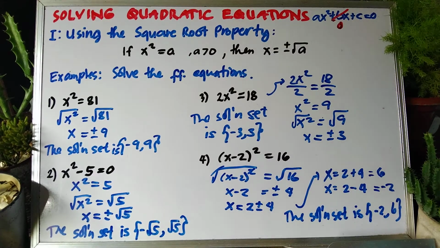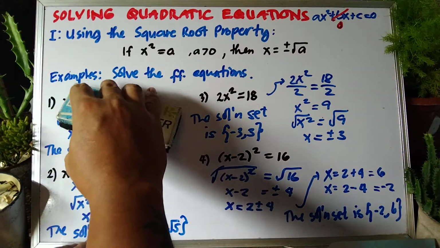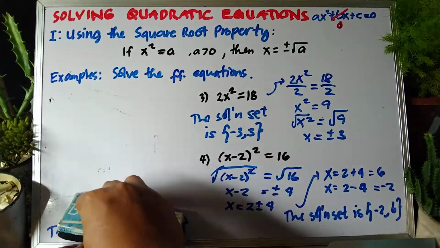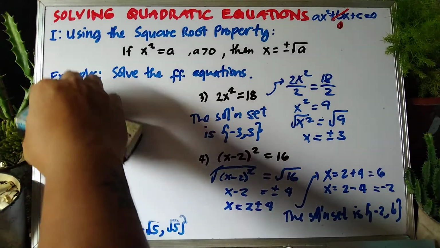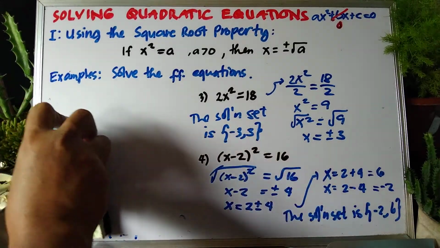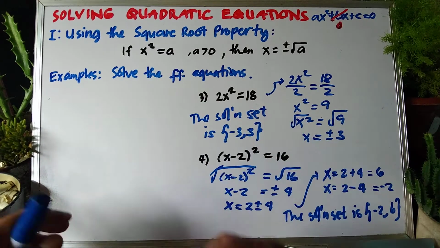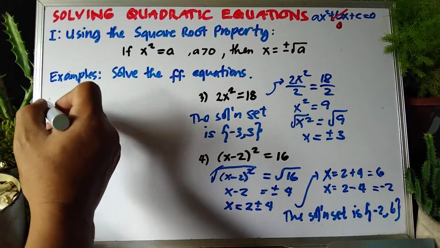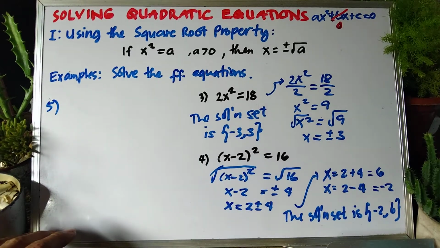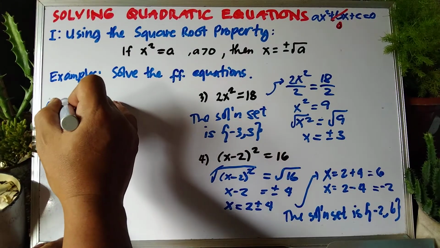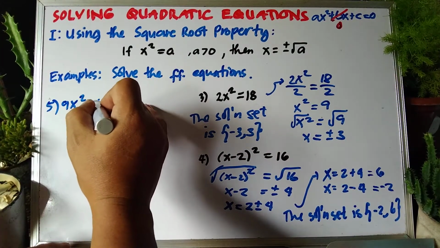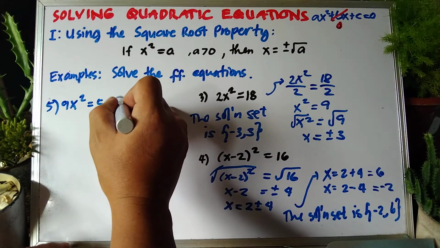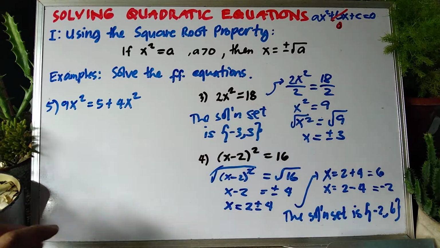Okay, I will give you the last example. Suppose we have example number 5 here. Number 5, you have 9x squared is equal to 5 plus 4x squared.